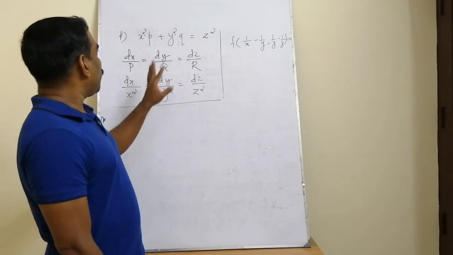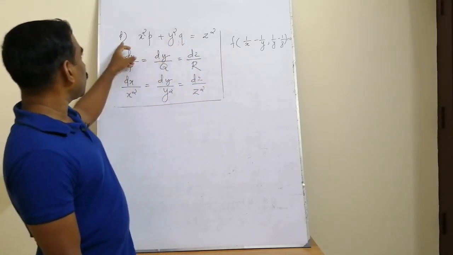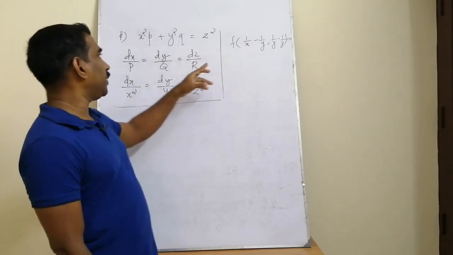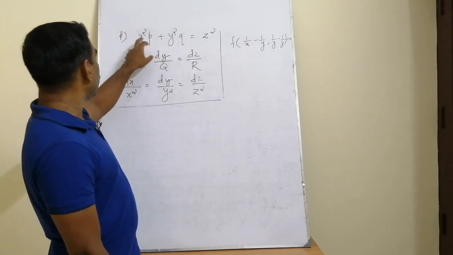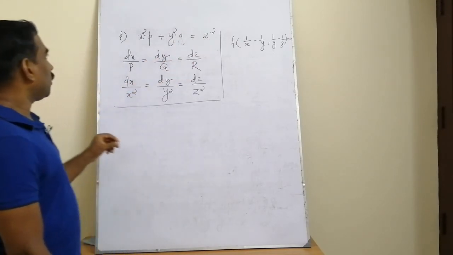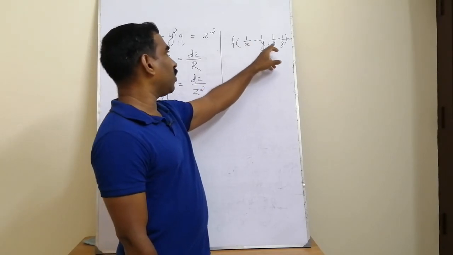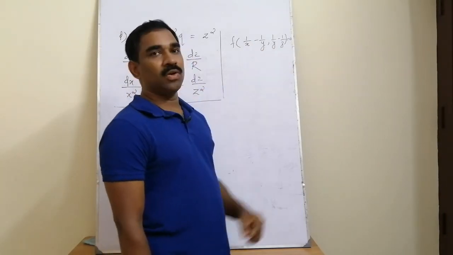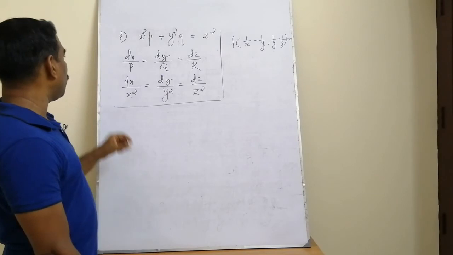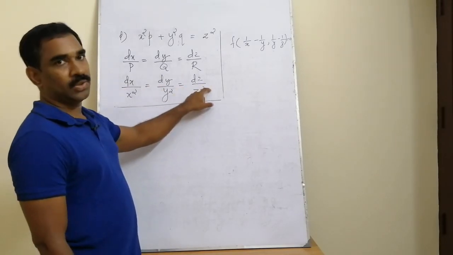So in this problem I want to show you that the family of general solutions for a partial differential equation is not unique. That means in this particular partial differential equation, x square p plus y square q is equal to z square, we have formed a general solution in the form f of 1 by x minus 1 by y comma 1 by y minus 1 by z equal to 0, and that solution is obtained by taking the first and second ratio, second and third ratio.